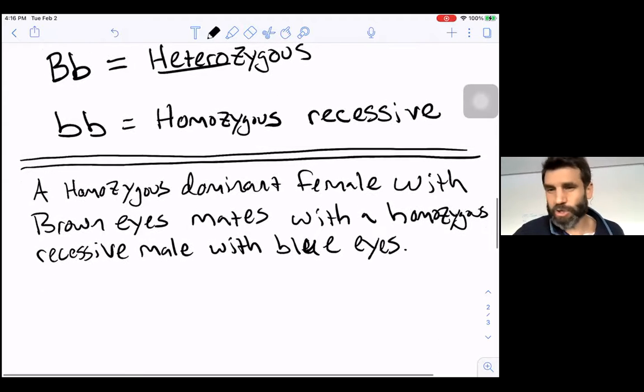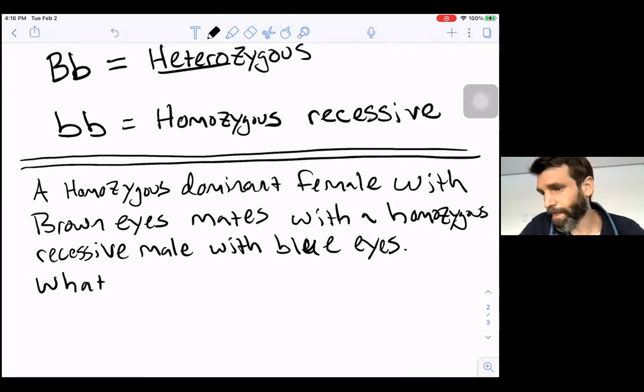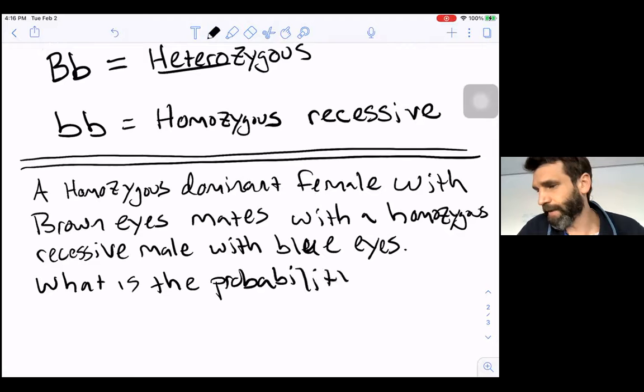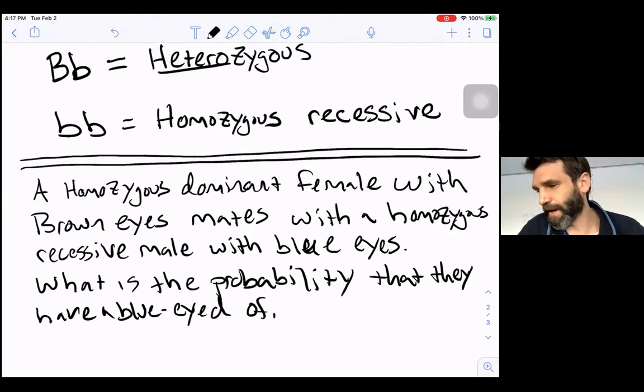And then it usually sets it up, and then we'll ask a question. What are the chances, or actually it's probably better if we're a little more specific, what is the probability that they have a blue-eyed offspring?